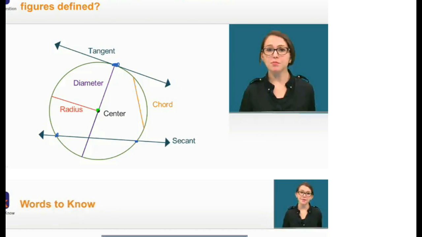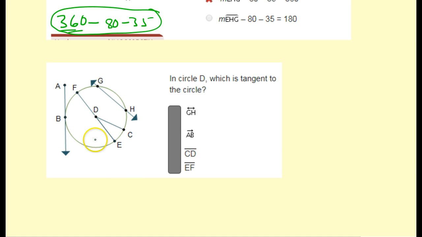Okay, so we're looking for something in this picture that intersects the circle at one point. And hopefully, now that we have reviewed the vocabulary, you can see that this is what intersects the circle at one point. So that is ray AB, which is this right here. So that is definitely going to be the answer.